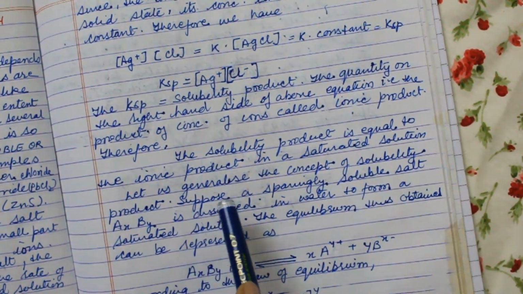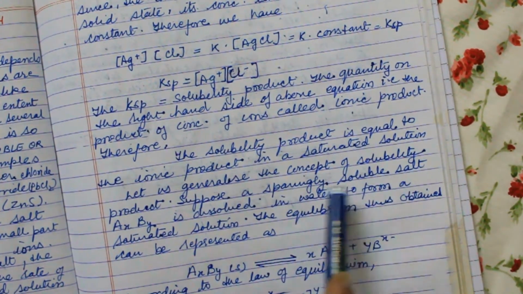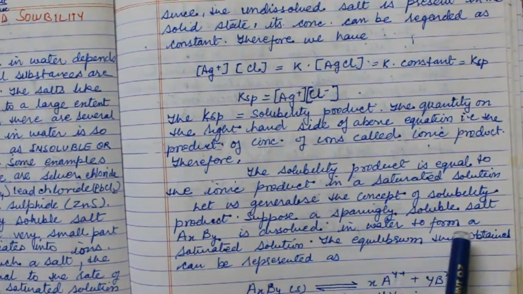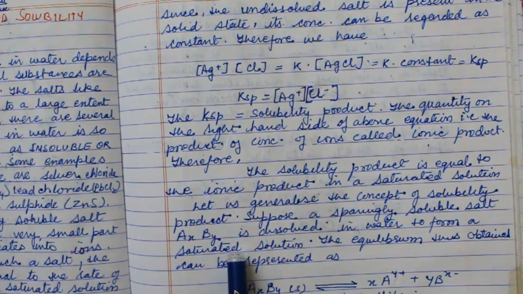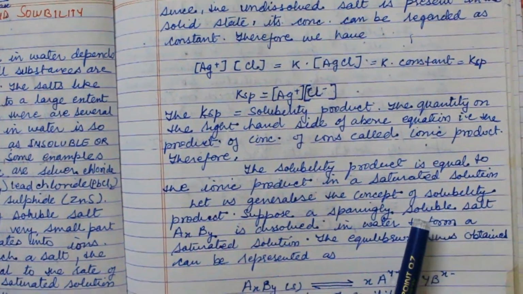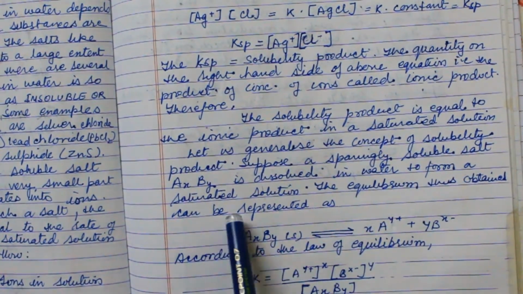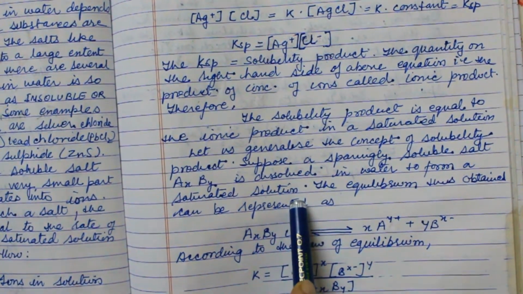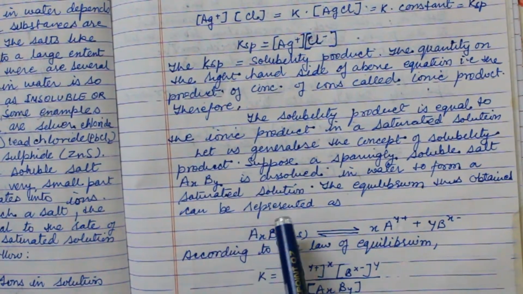Let us generalize the concept of solubility product. Suppose a sparingly soluble salt AxBy is dissolved in water to form a saturated solution. In the saturated solution, the ions do not dissociate completely.